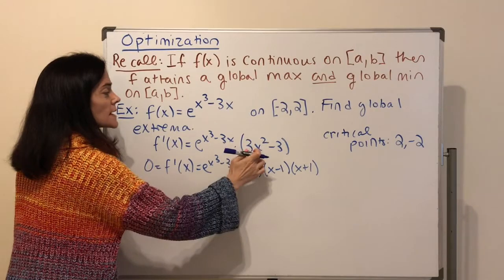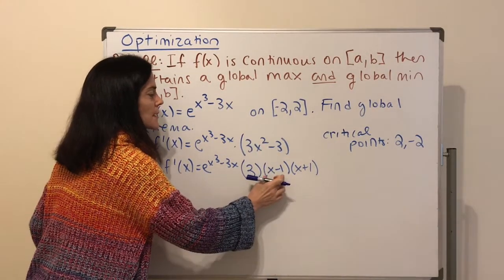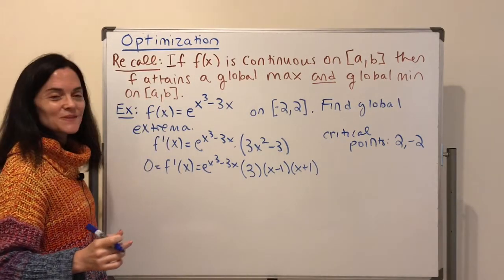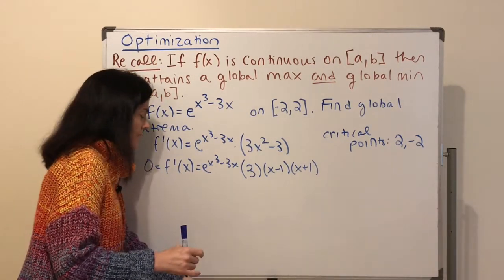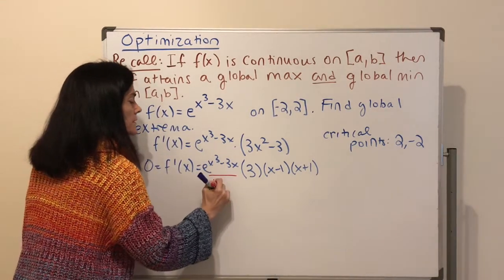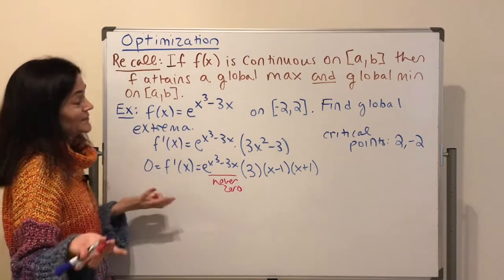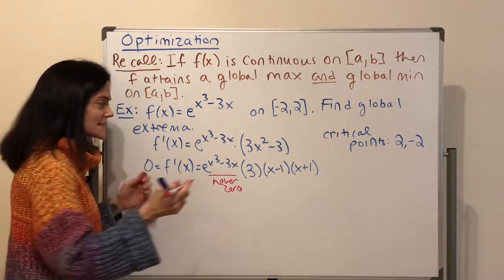This 3x squared minus 3 factors into 3 times x minus 1 times x plus 1. Now if we set this to 0, this first part is e to something, never 0. This is just a number, 3. Of course, that's never 0.